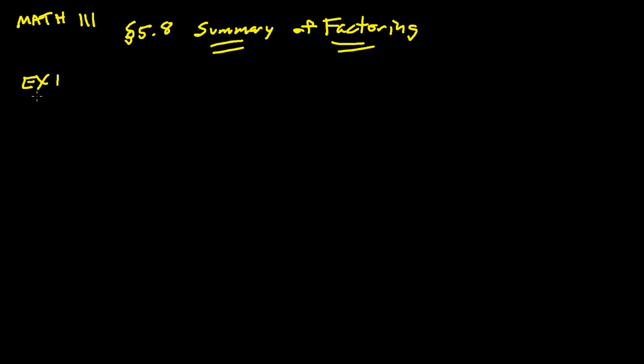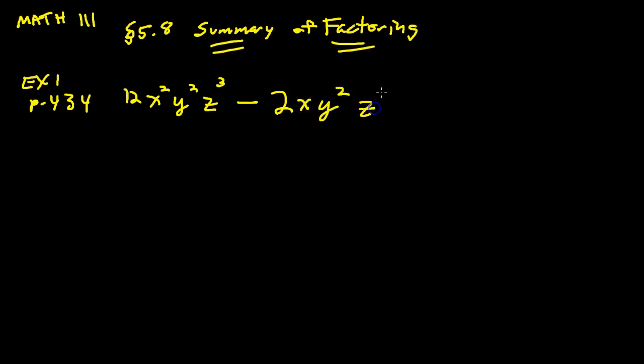This is on page 434. Kind of a nasty looking thing. Let's write it down. 12x squared y squared z cubed, okay, that's one monomial, minus 2x y squared z cubed minus 4 y squared z cubed.